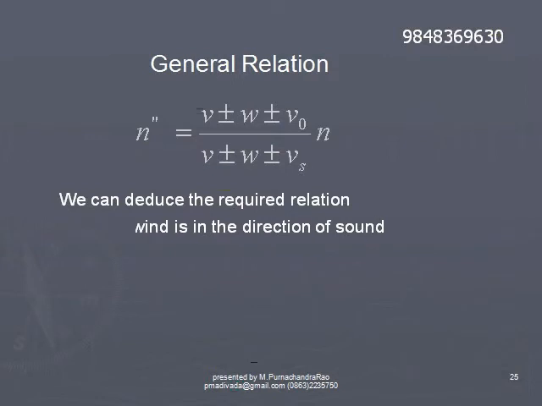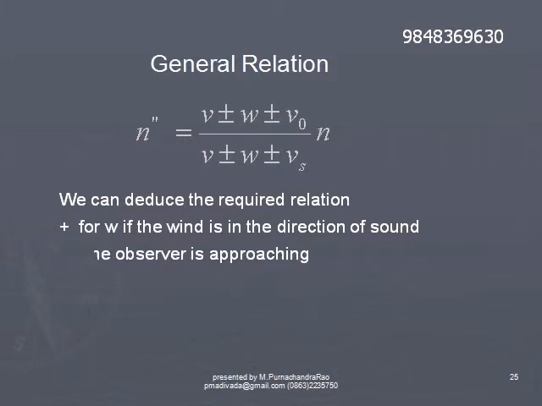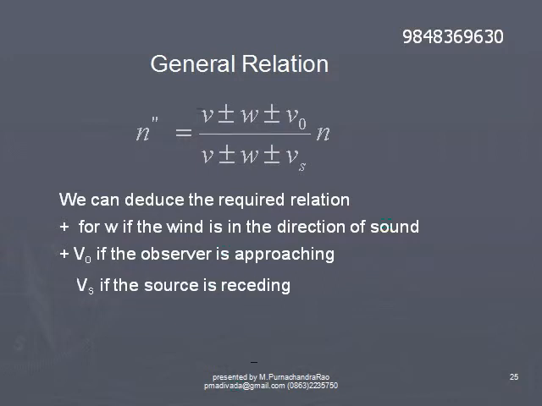We take plus sign for w if the wind is blowing in the direction of propagation of sound. If the medium is moving in the direction of propagation of sound, we assign plus sign for w. V naught is taken positive if the observer is approaching the source.